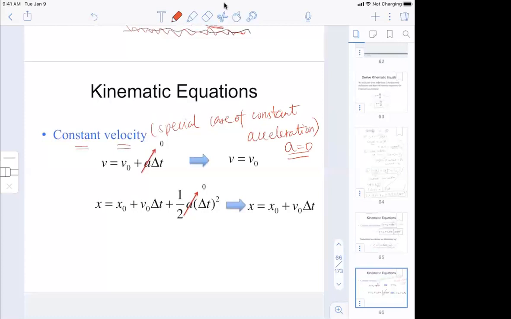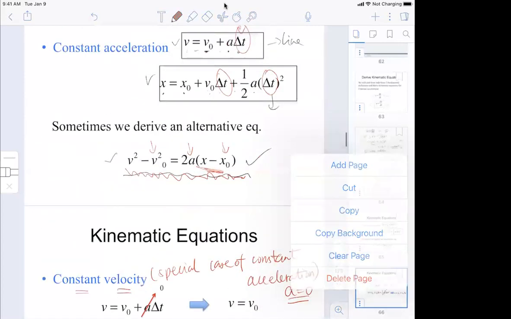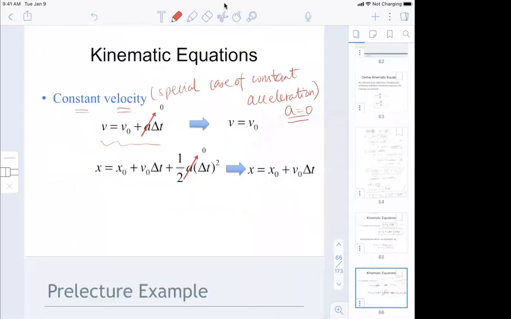But the equation you derived also applies. It's simply saying I have a constant acceleration, and in this case my constant is a 0 constant. So you can see these two equations you just derived, you simply simplify by plugging in acceleration equals 0. So velocity becomes v equals v naught. You remain at this constant velocity to begin with and never change.